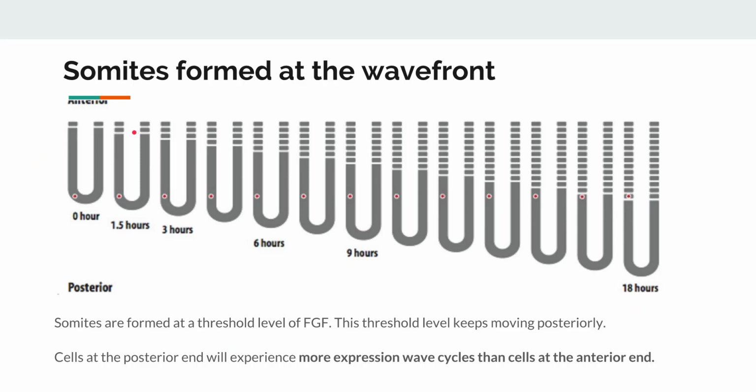Whereas if you had a cell up here, more at the anterior end, after just maybe 1 or 2 cycles, it's already been defined as a somite. It's already been formed. Okay, so cells at the posterior end will definitely experience many more expression wave cycles than cells at that anterior end due to the wavefront cycling, okay?